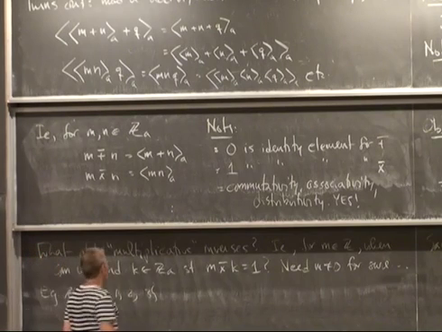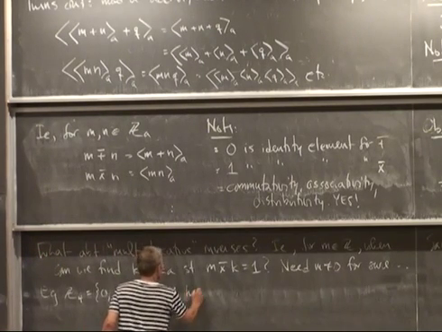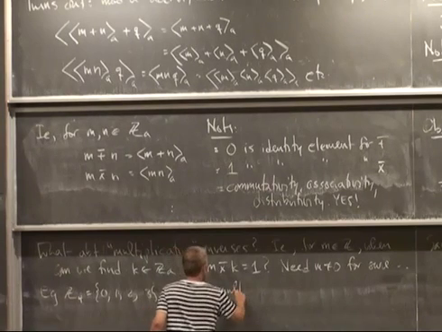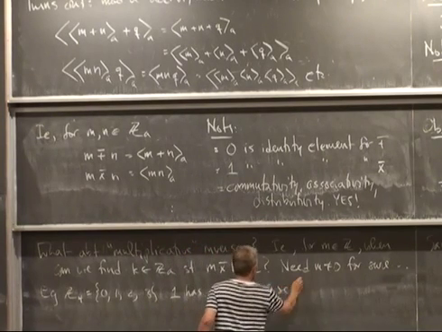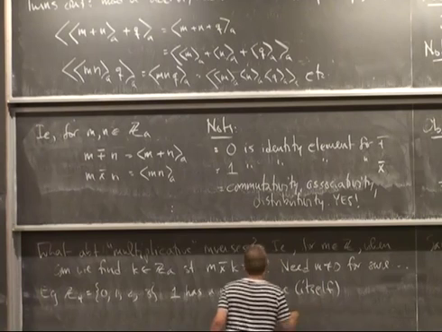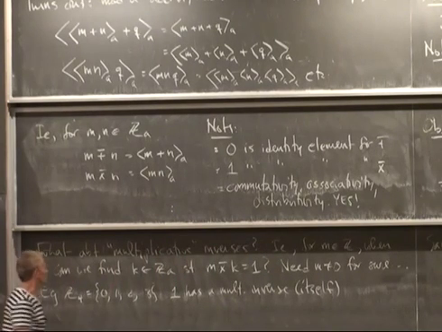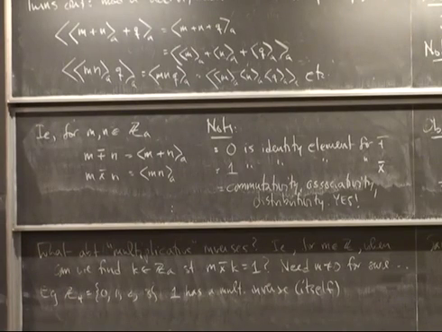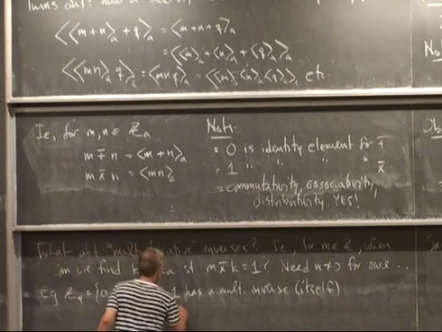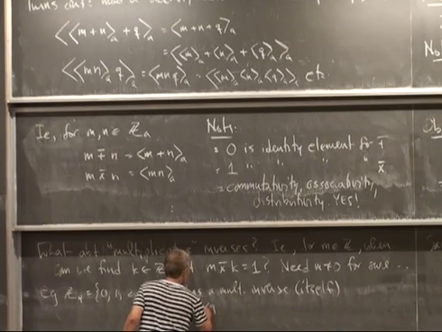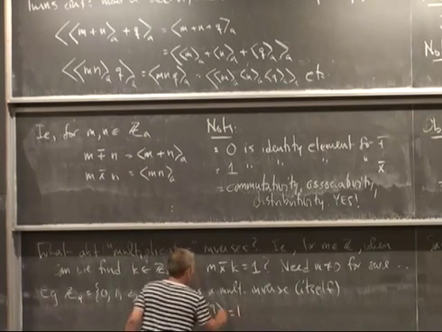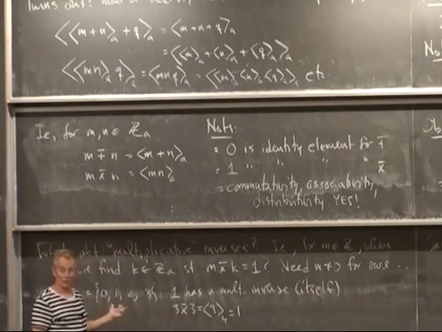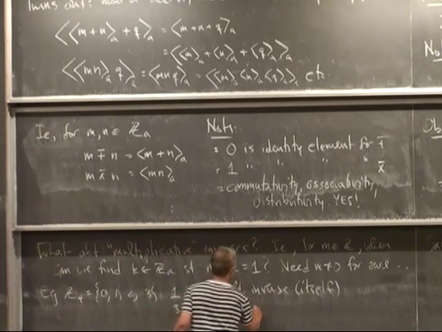So 1 has a multiplicative inverse, itself. What about 3? Does 3 have a multiplicative inverse? Yeah. 3 times bar 3 is 9 mod 4 equals 1. So 3 is also its own multiplicative inverse.